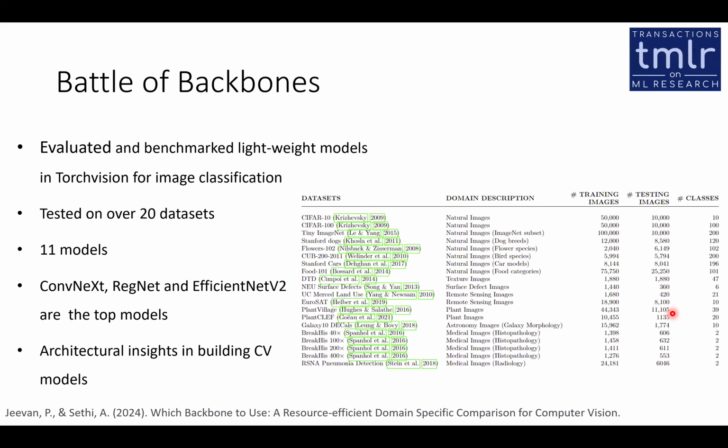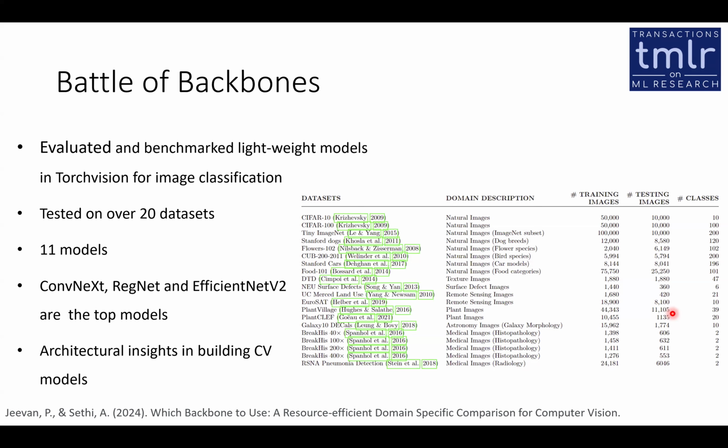So in Battle of Backbones, basically what we did was we took different image domains: natural images, texture images, surface defect images, remote sensing, agriculture, astronomy, and medical images, including histopathology and radiology. And we took a low data regime, where the number of training images available is less than 100,000, because in most cases, in these specific domains, the available training data is much less than what we see in natural images.